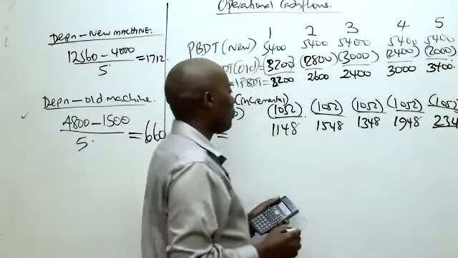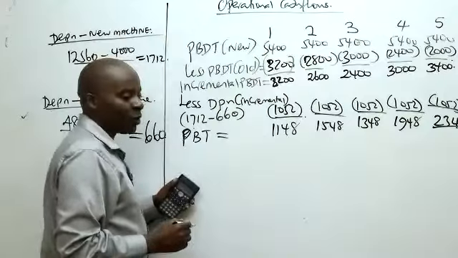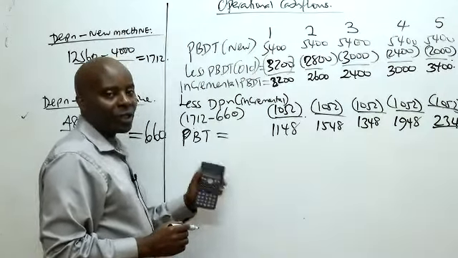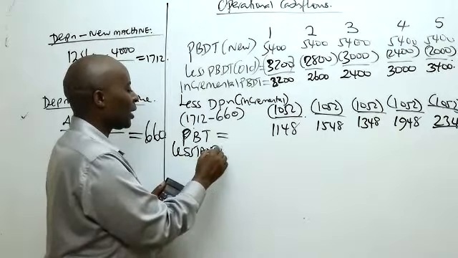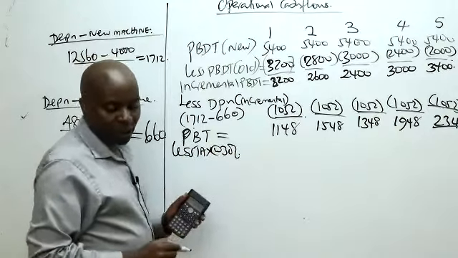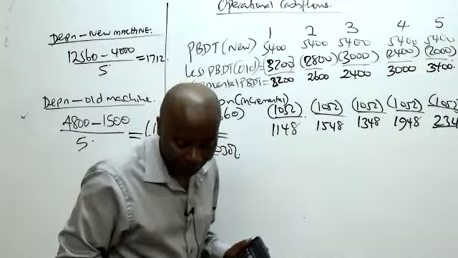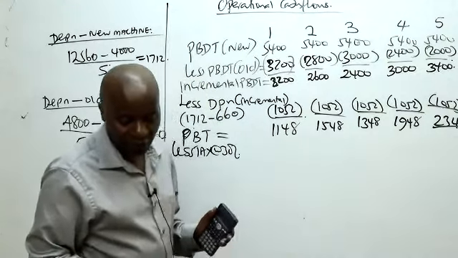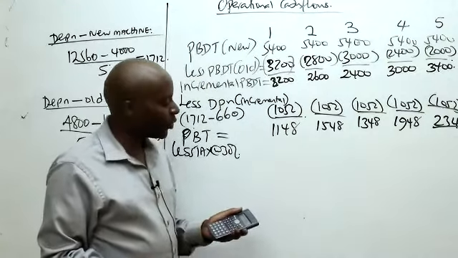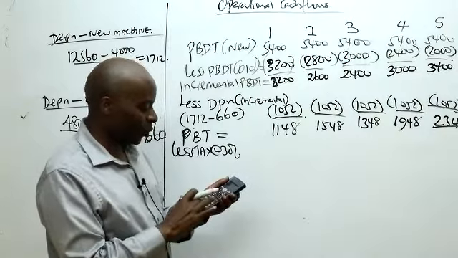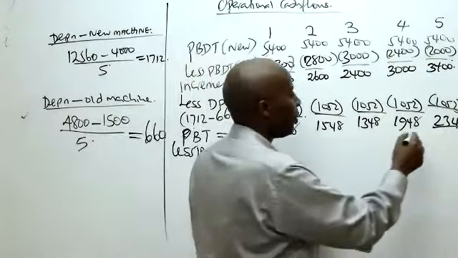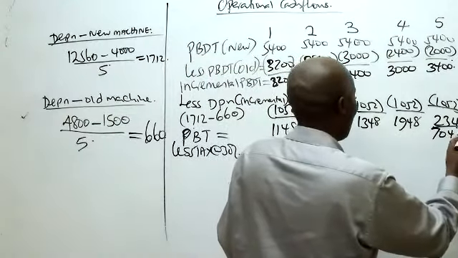Once you have your figures, these are profits before tax. Go ahead and share these with the taxman. So less tax at 30%. The 30% tax rate was given in the last paragraph before required. So we have times 0.3, the last one. I have the last one, 704.4.